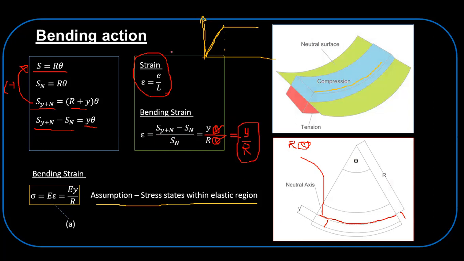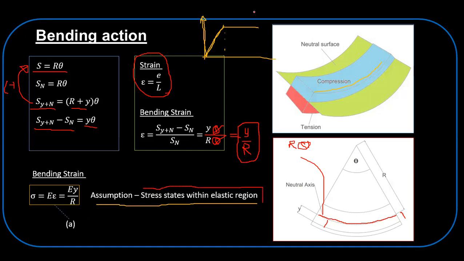If you apply sigma equals E epsilon naught, where epsilon naught is now y over r, the stress equals Young's modulus into the strain. We assume the stresses are well within the elastic region.